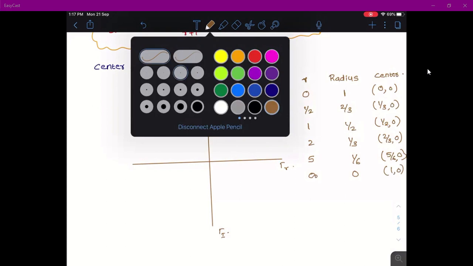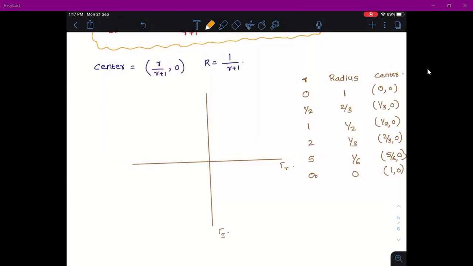Let's draw each of them. This point is 1 comma 0. When r equal to 0, the radius is 1 and the center is at 0. You have a circle with radius 1, so this distance is 1, and it passes through r equal to 1.